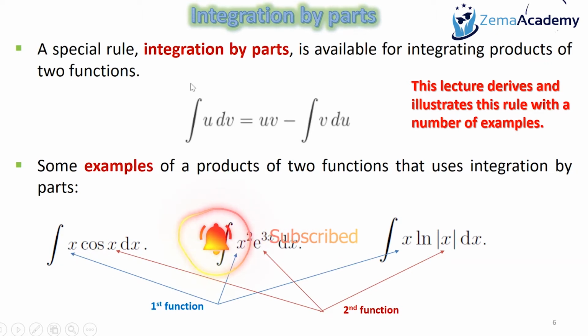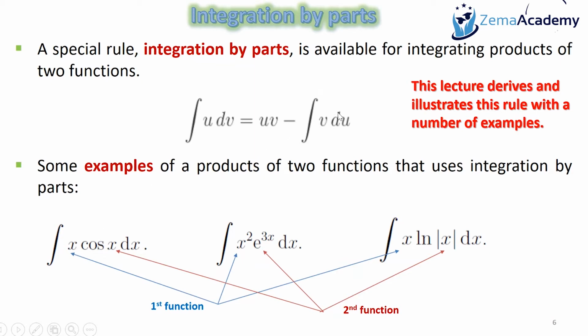So what is the required similarity between this standard formula and these three examples? In order to solve this integral, we need to make this x either u or dv, or we need to make this cos x u or dv. So in order to solve this integration by this formula, we need to make one of the functions u and one of the functions dv.